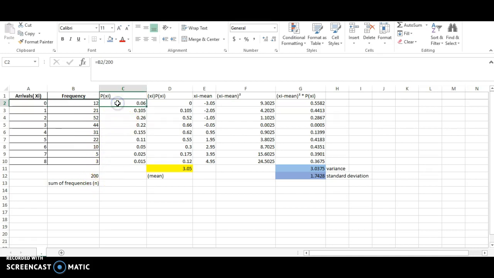Now I can get the probability of xi. You take the frequency of 12 and divide by 200, which gives 0.06, and you do this for each one. Take each individual number and divide by 200, and that is how you get the probability of xi.